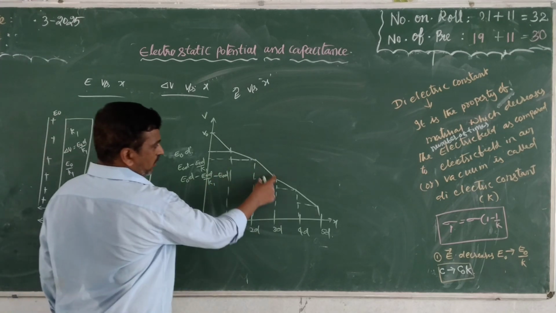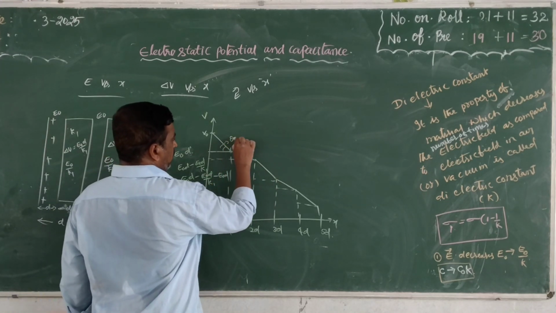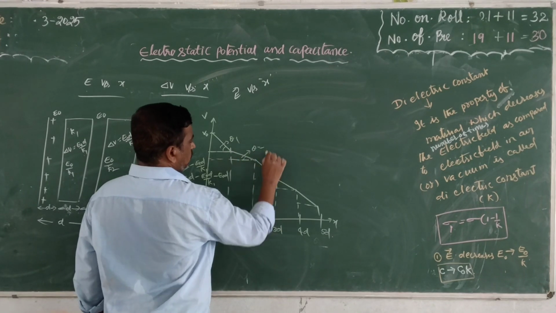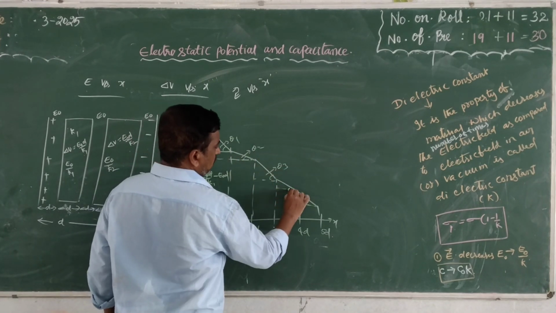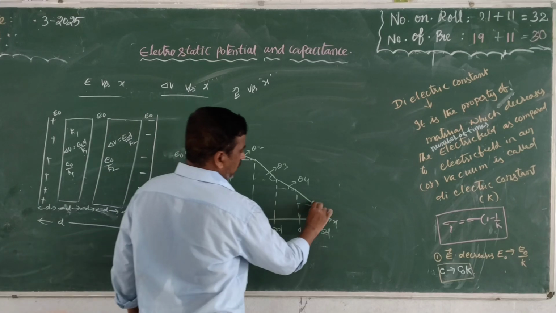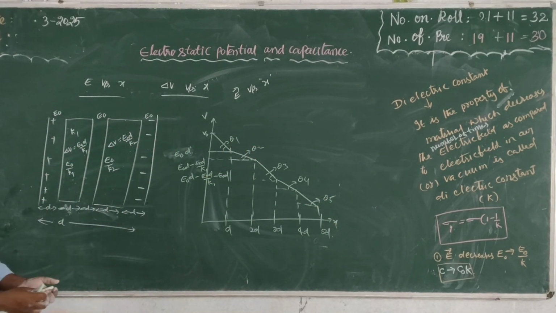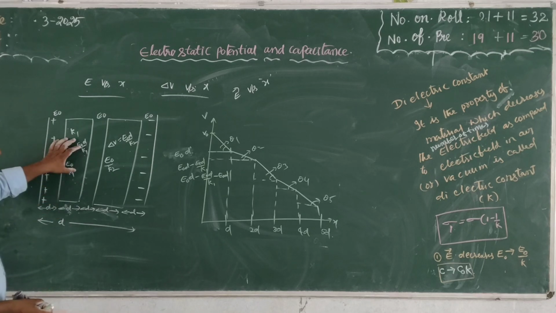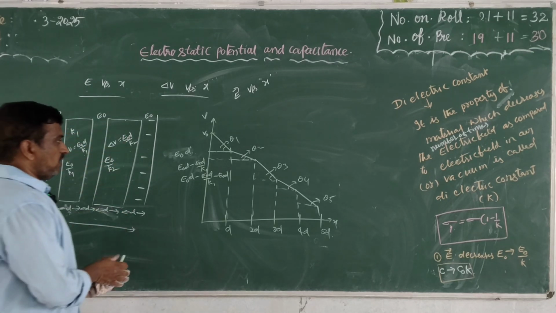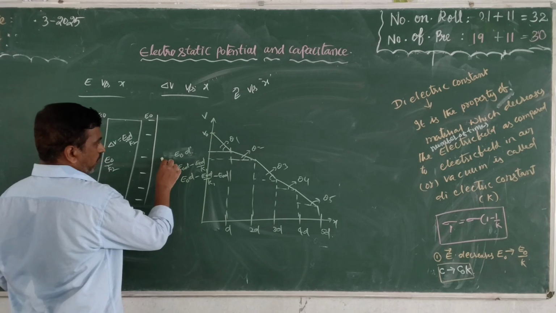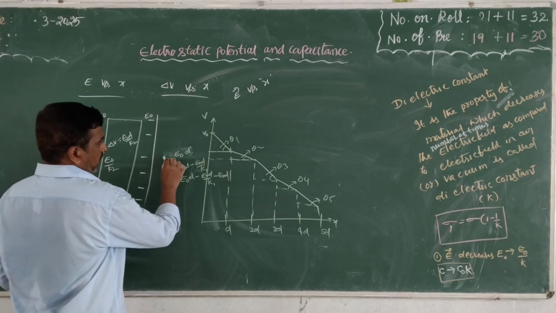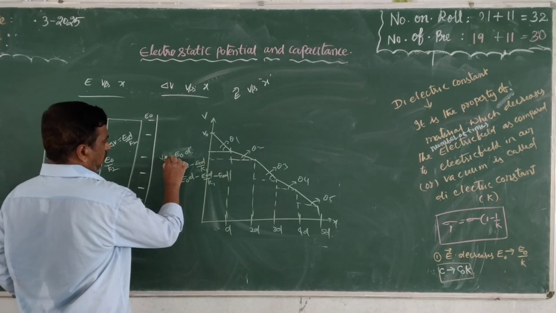Here the spaces are theta 1, theta 2, theta 3, theta 4, theta 5. In this case where the dielectric is there, the change in potential is less, and where it is empty, it is maximum. Here E naught d, V naught minus E naught d. Yes, V naught minus E naught d.